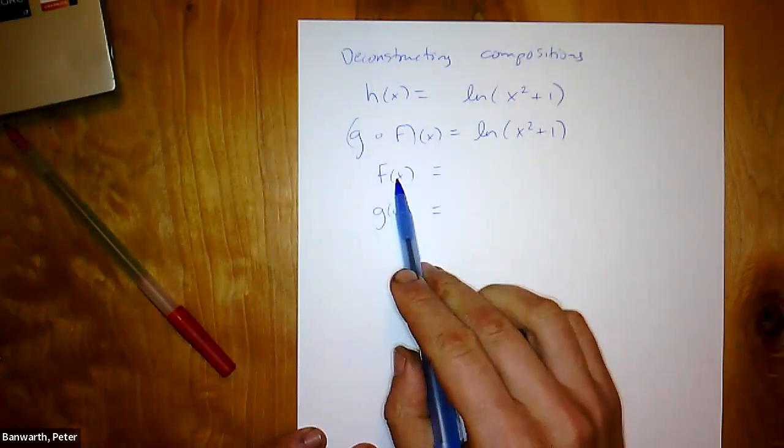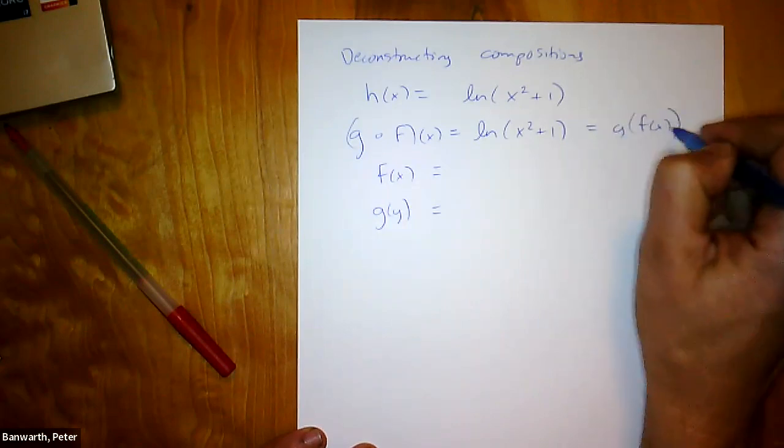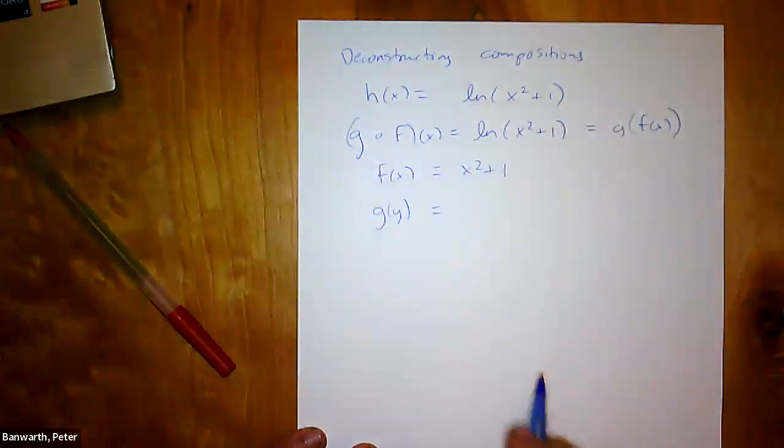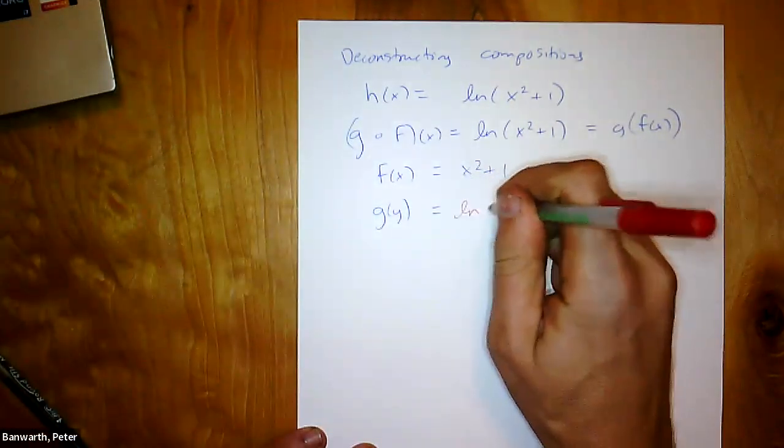So my inner function could be something like x squared plus 1, and my outer function could be something like natural log of y.